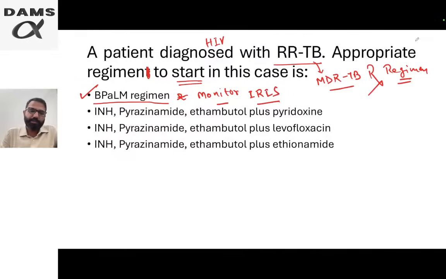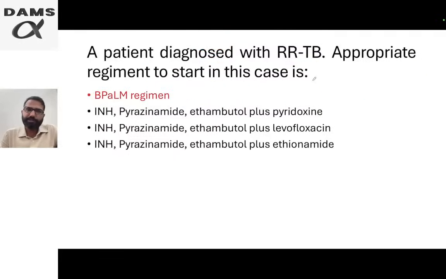In an HIV patient, when we start the drug, monitor the IRIS. Okay, so Ishanji, now it is correct. So BPaLM regimen and monitor the IRIS. That is the correct answer. Okay, so the duration was different. In the BPaLM regimen question, the duration question was different.